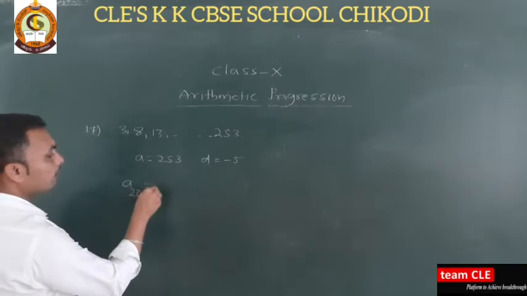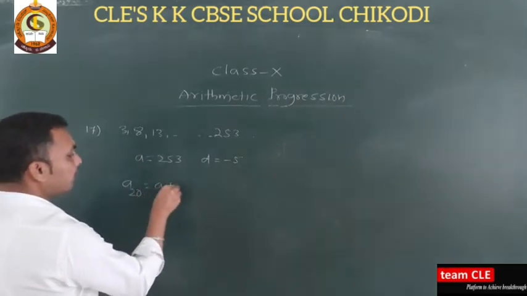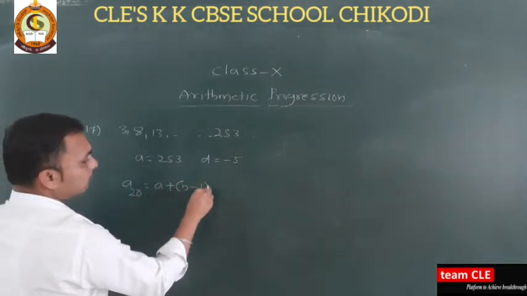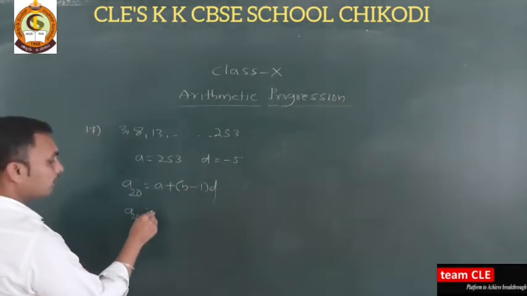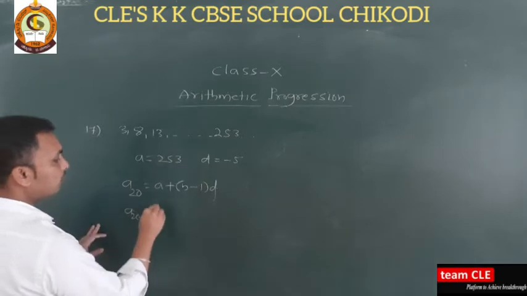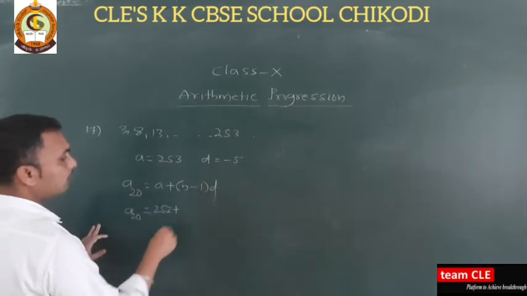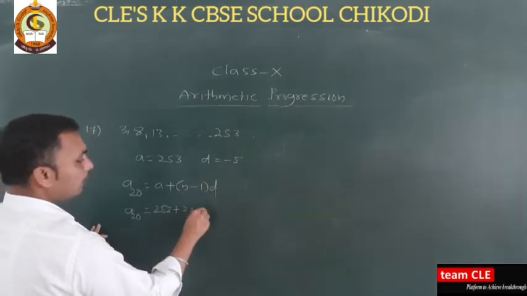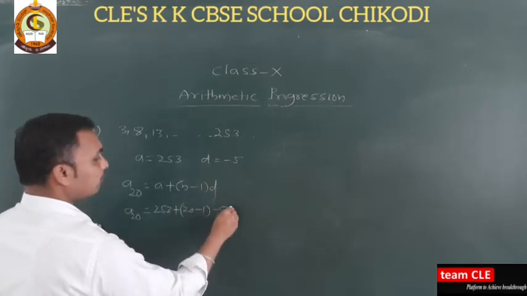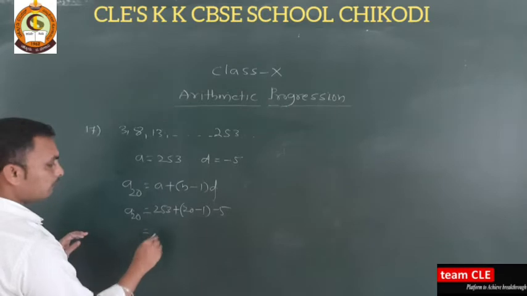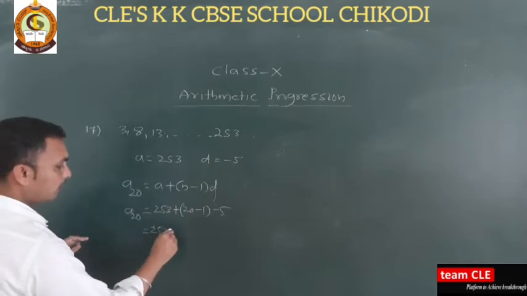a20. Now this is a plus n minus 1 into d. Now a20 is equal to, we have a as 253 plus n we have 20 minus 1 and d we have minus 5. Now this becomes 253 as it is.